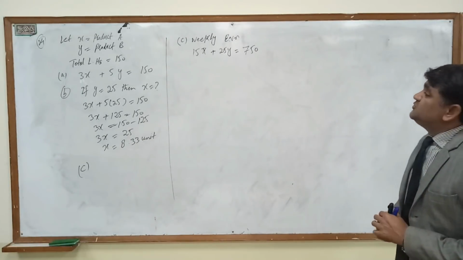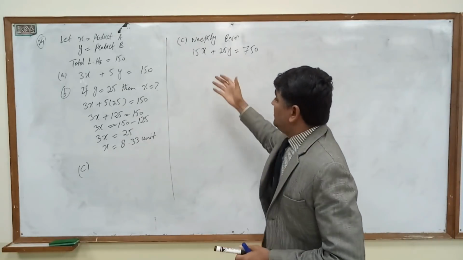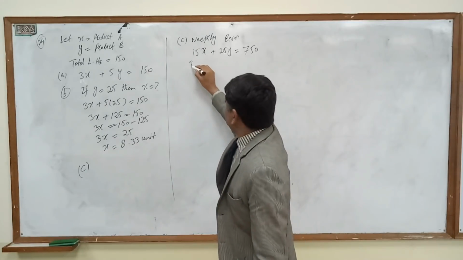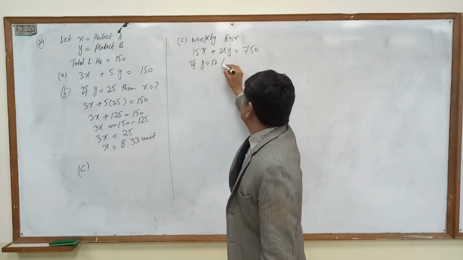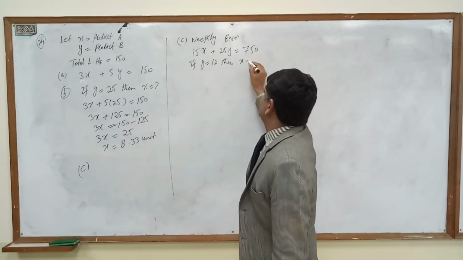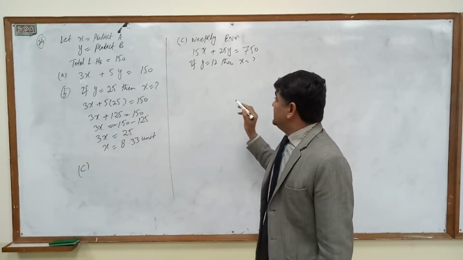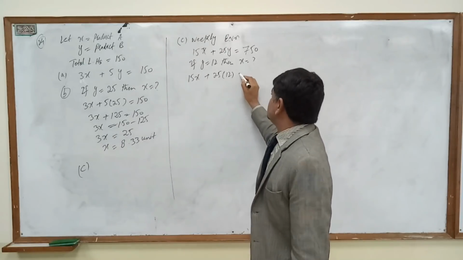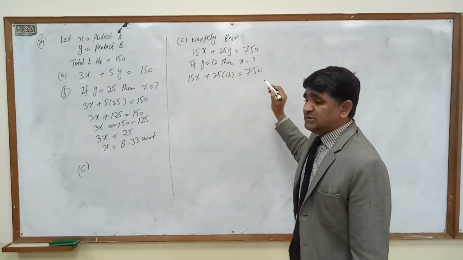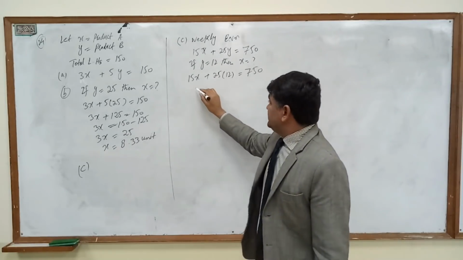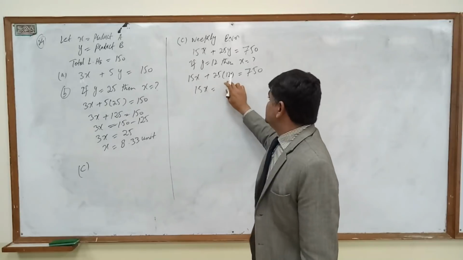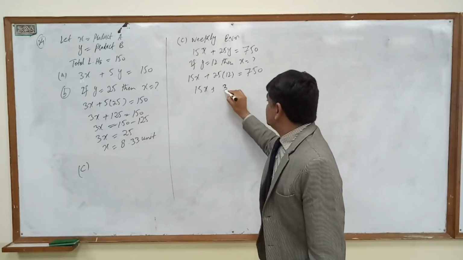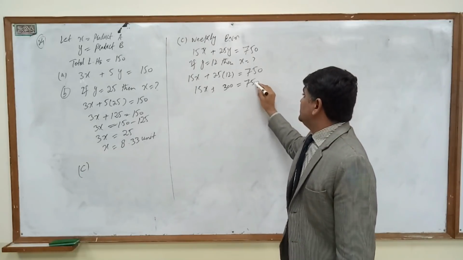If they produce 12 units of product B in a day, how many units of product A can be produced? So if y is equal to 12, then we can find the value of x. 15x plus 25 times 12 is 750.